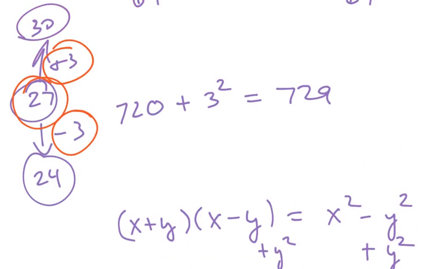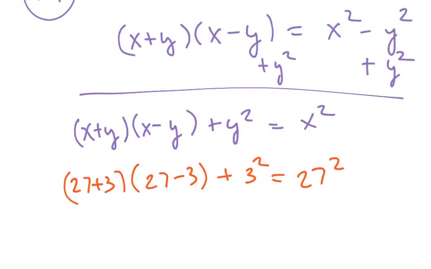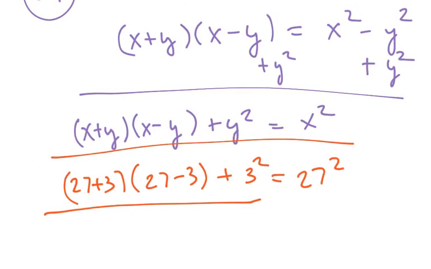So when I added 3 to get to 30, and I subtracted 3 to get to 24, I did that because 30 times 24 is easier than 27 times 27. And then when I added 3 squared, all of that just comes from the fact that this is true. Hence, I can procedurally generate that.